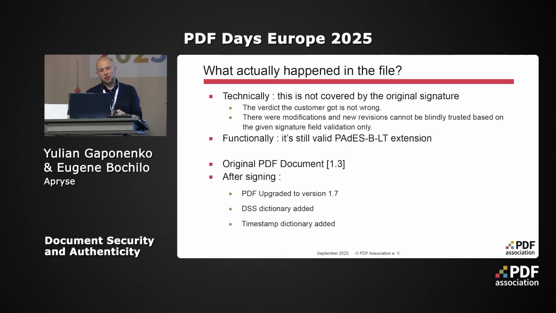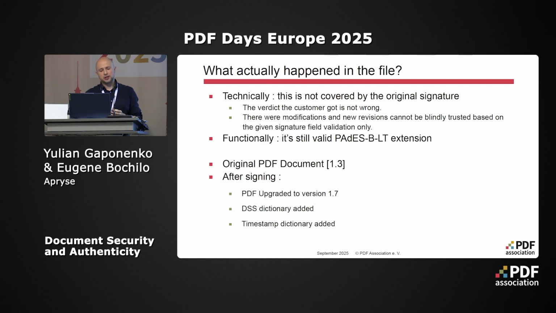More specifically, PAdES B-LT level is normally achieved by such allowed modifications. So if we look into the internals of that update, we would see that the original document was of version 1.3. After the signing, it was upgraded to version 1.7. This is not particularly relevant to anything, but that's just an observation we saw.